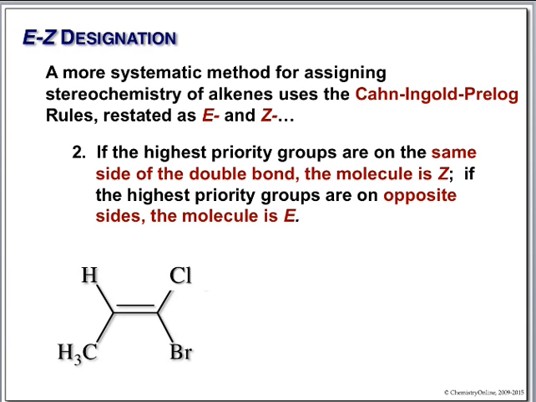This is the dilemma that we had. Quickly decide if this is E or Z and write the name. Hydrogen, carbon, chlorine 17, bromine 35.